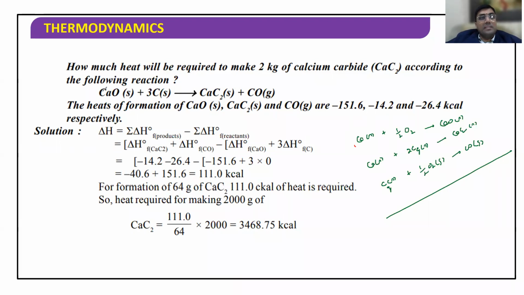What is required here? CaO. CaO is on which side? Right side, so minus. Calcium is here. Next, what is required? Coke, 3 coke. So coke is on which side here?